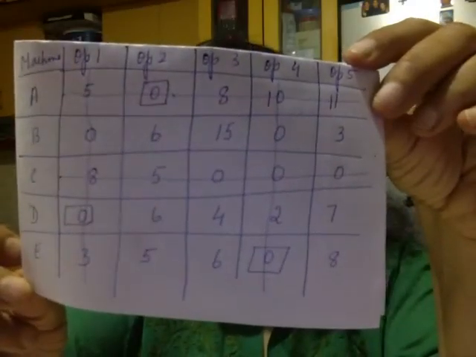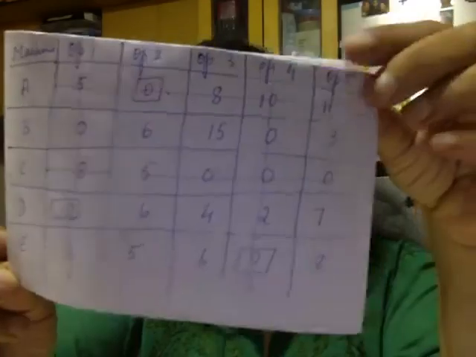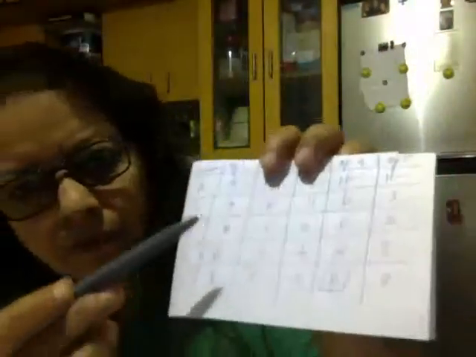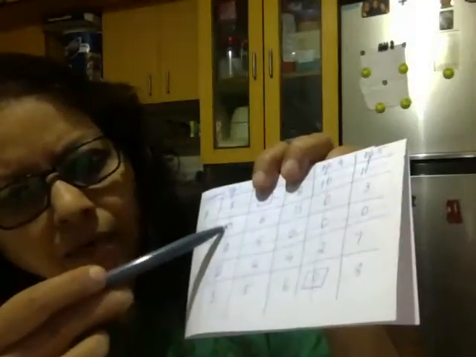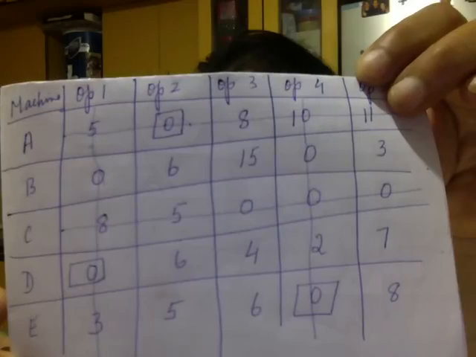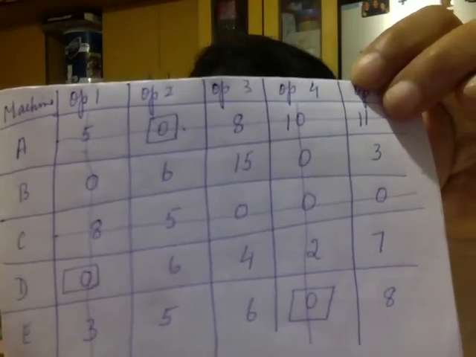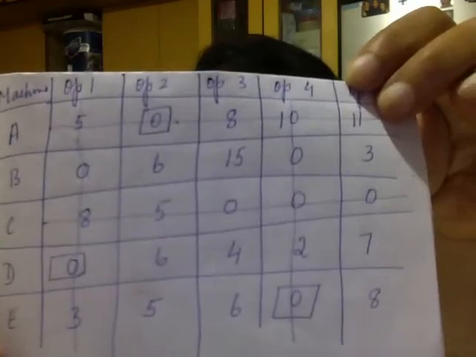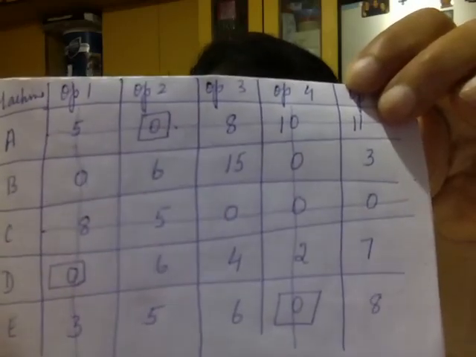Identify the lowest element from the uncovered values. What do you mean by an uncovered value? See, when there is a line covering column 1, operator 1, all the numbers are touched by a line; they are called covered values. Similarly, in row 1, all the numbers are touched by a line, they are covered values.